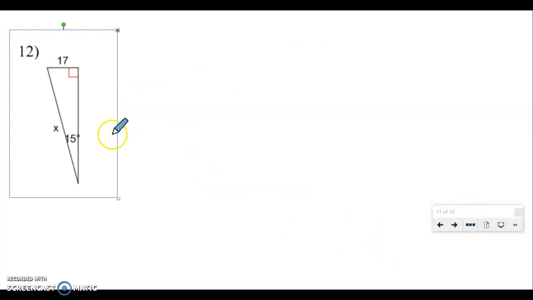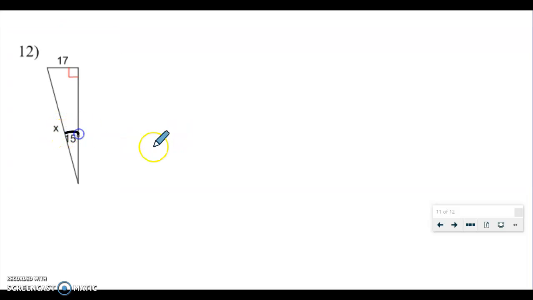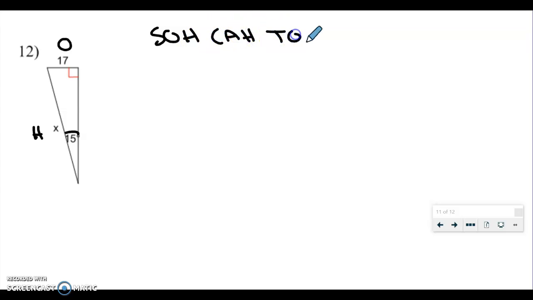All right, so I have 15 degrees, which is right here. Okay? And I DTR the relationship between 17 and 15. This is opposite. And then x is your hypotenuse because it's across from the right angle. So if you guys remember, all right, so it looks like we're going to be using sine.